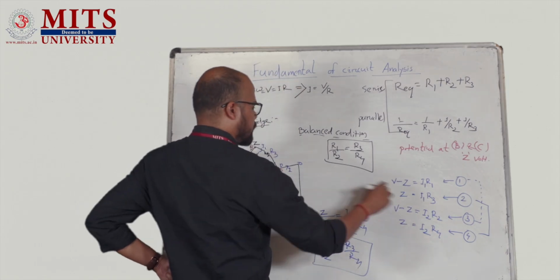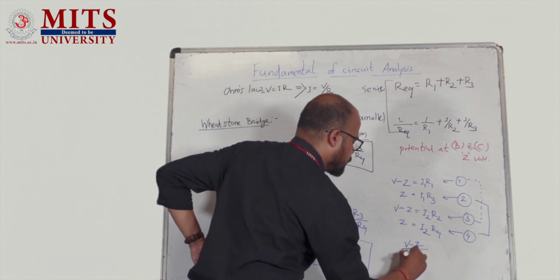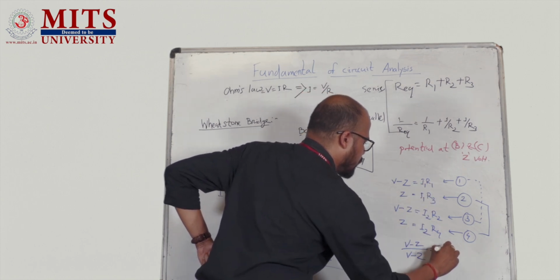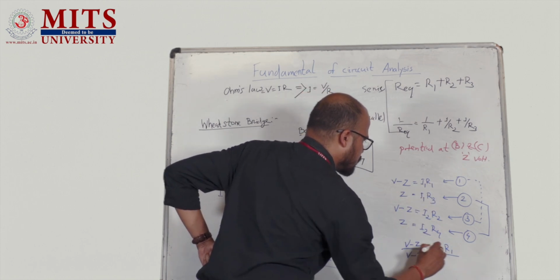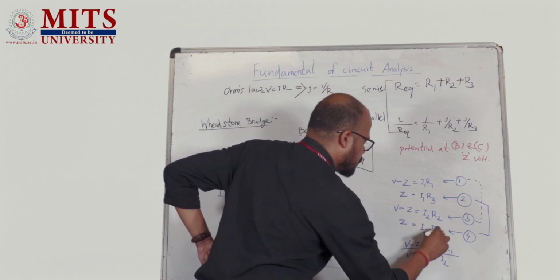Similarly here, if you divide these, then V minus Z divided by V minus Z is equal to I1 R1 by I2 R4.